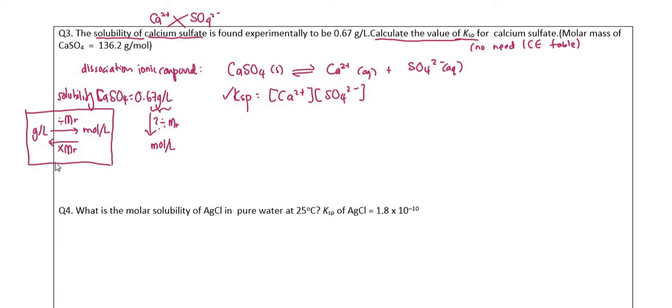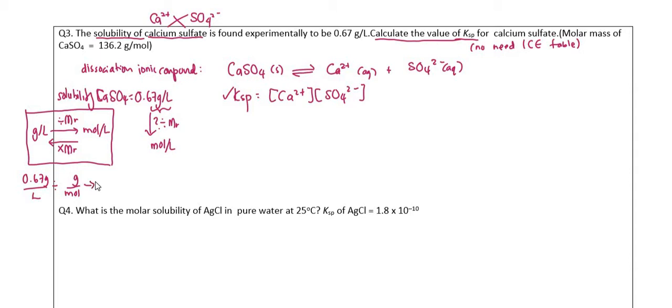Alright, why do I say like that? Because if you have 0.67 gram per liter, you divide by molar mass, whose unit is gram per mole.